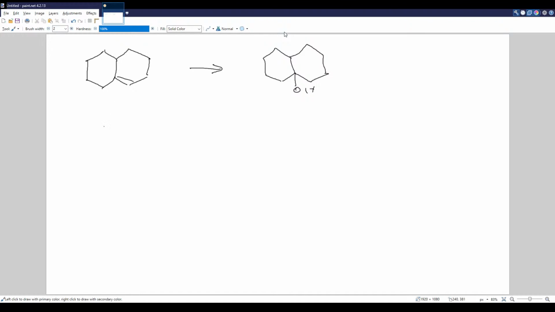Well, this looks to be a Markovnikov substitution, so I'm gonna do this. Yeah, is it Markovnikov? Yes, it is Markovnikov. This is the most substituted carbon. So I'm gonna treat it with acid, H2SO4.